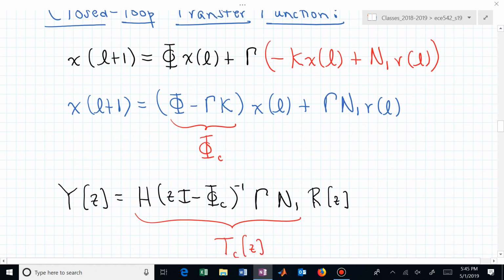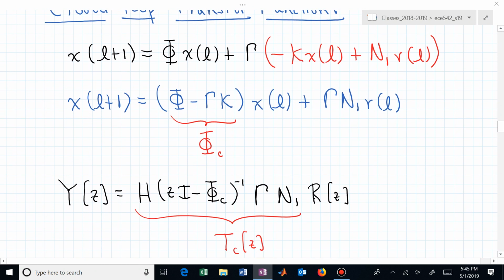You can do what we had done before in terms of finding the closed loop transfer function by first substituting, or replacing, U of L with this full state feedback reference input expression that's in red. Put all of the terms together that are common, or combine the X of L terms.